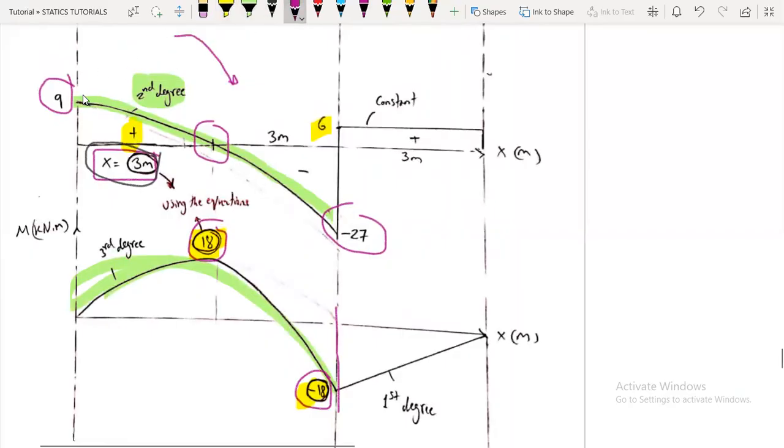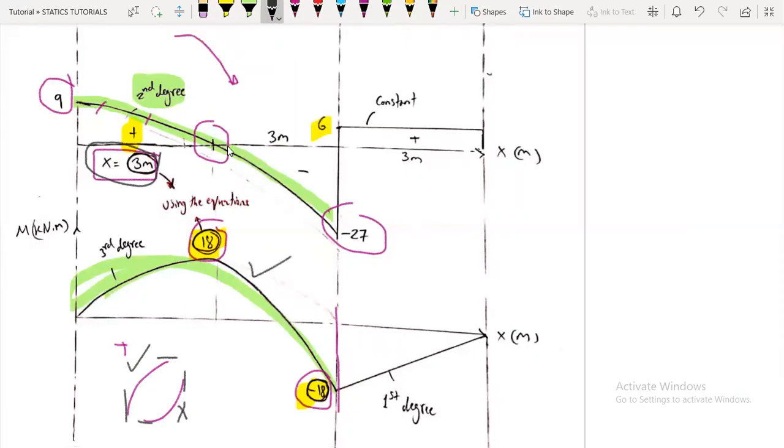Decreasing, like here it is 9, then here it is 7, let's say here it is 6, so they are decreasing positively. So the slope should be positive first of all, so it is going up either this way or this way, but it is decreasing. So here the slope was maximum, and here it is 0, so we'll choose this one. Here it was 0, then maximum, here it is increasing, but in our case it's decreasing.